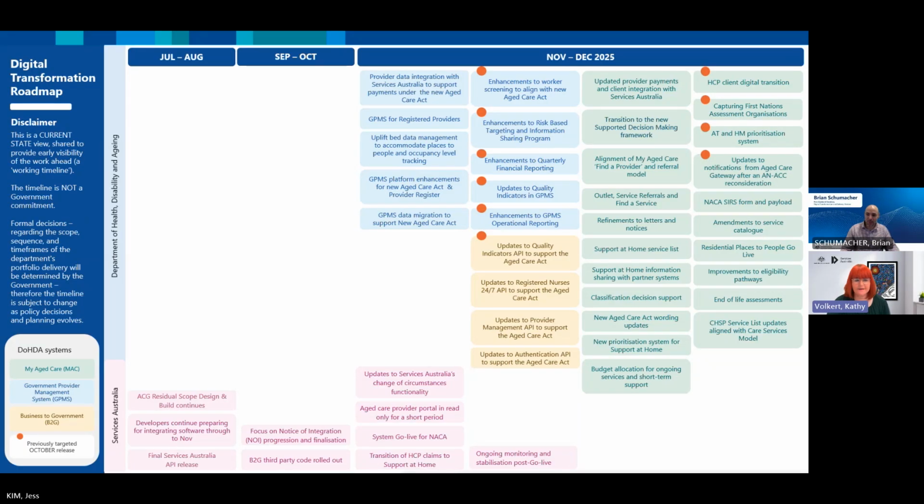Thanks, Brian. Just to help everybody on the call, I'm talking through the pink bits on that roadmap. I'm going to go through them in a little more detail than what you can see there, just to help with the context behind each one. I'll start from left to right, so I'll start with July and August. The first element is that we continue to work very closely with our health colleagues on the Aged Care Gateway residual scope design and build.